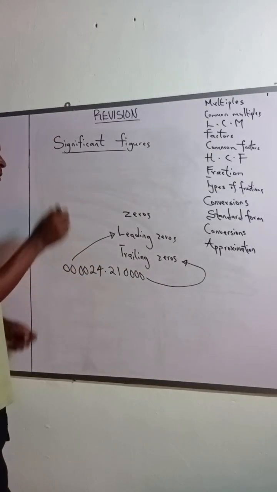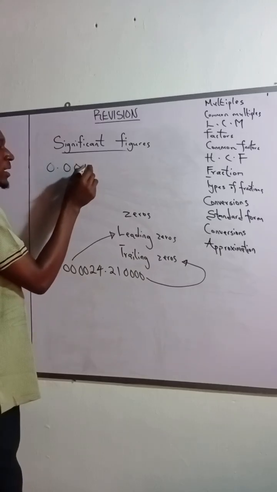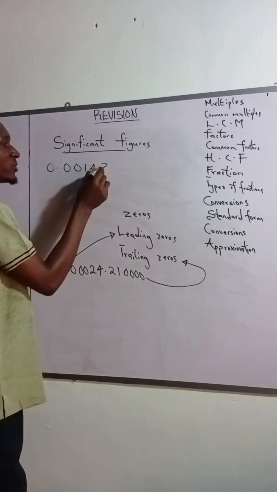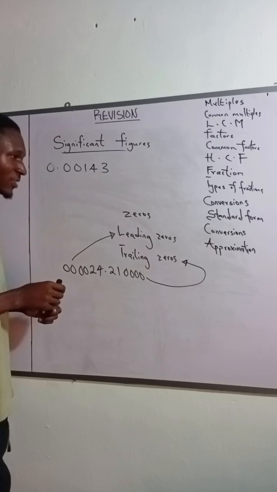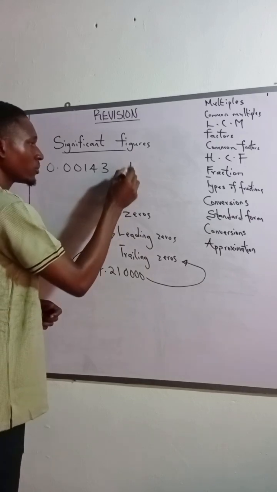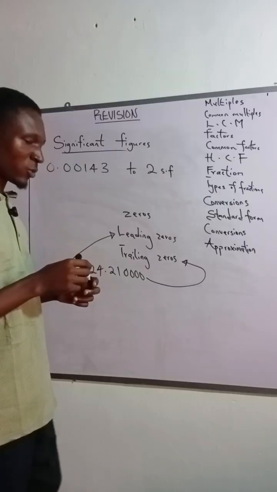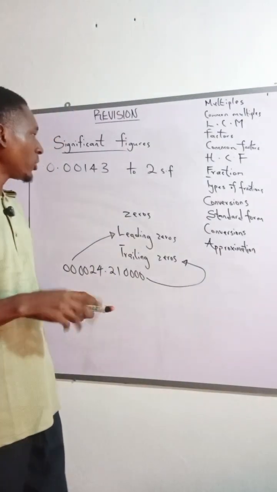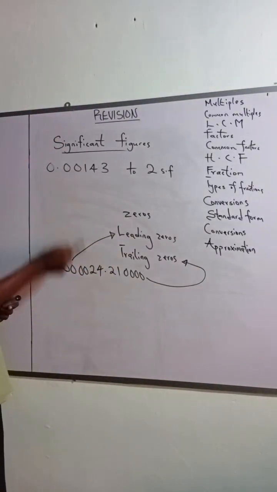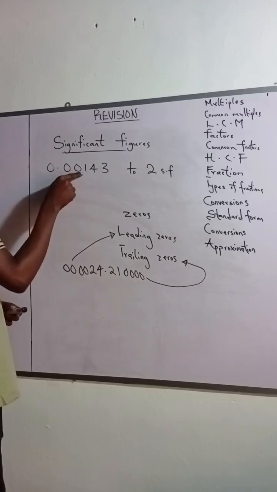So let's take an example. 0.00143, and you are asked to approximate to two significant figures. So two significant figures means we only need to know, remember, all these zeros at the front, they are useless. You don't count these ones.